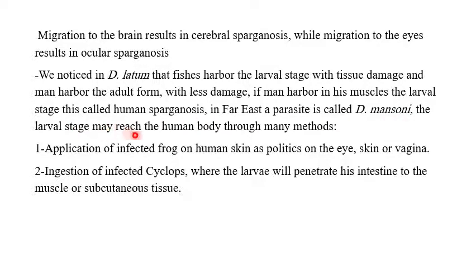The larval stage may reach the human body through many methods: application of infected frog or snake skin as a poultice on the eye, skin, or vagina; or ingestion of infected cyclops, where the larvae will penetrate the intestine to the muscle or subcutaneous tissue.